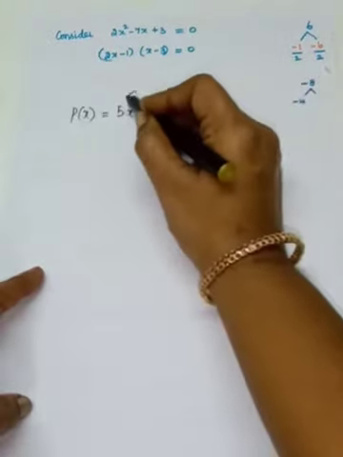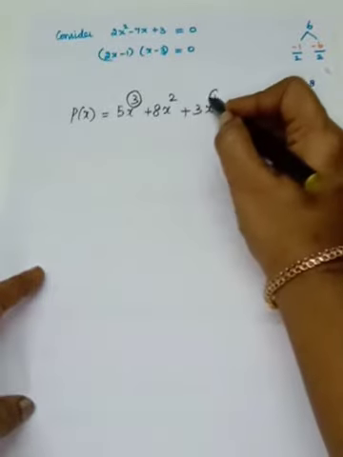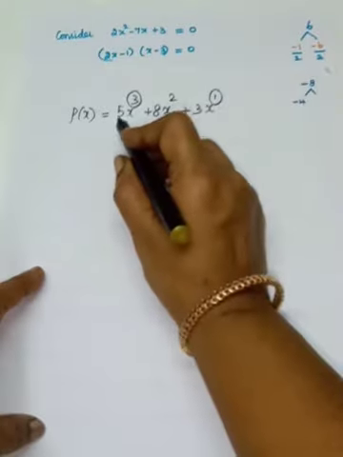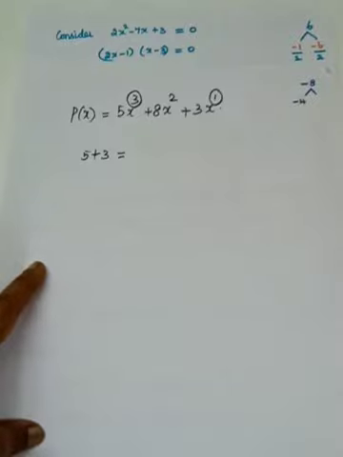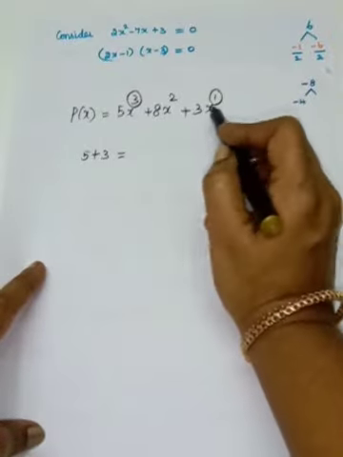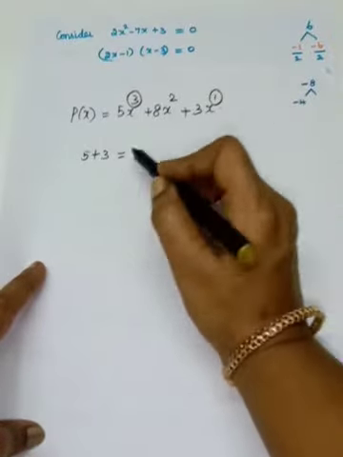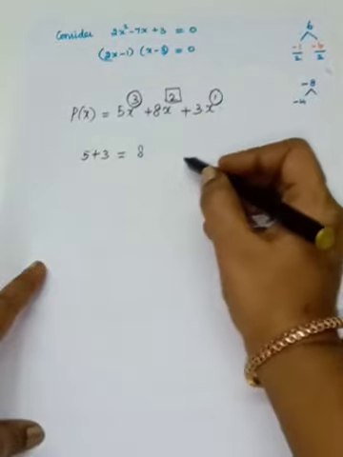So, the odd power coefficients, what is it? 5 plus 3. This is the sum of the coefficients of odd power, that is 8. So, you will have only one even power, that is 2. So, its coefficient is also 8.